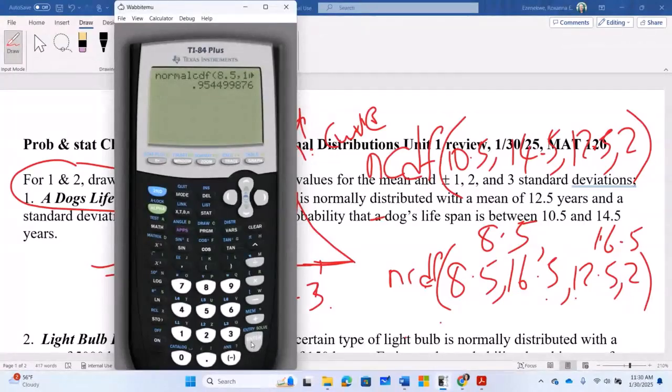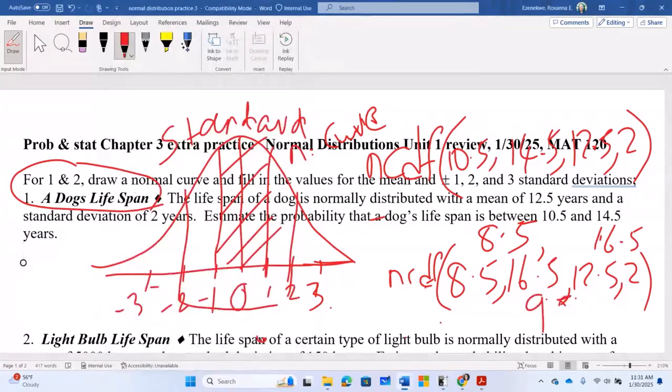Behold, the area between plus or minus 2 standard deviations is 95.45 approximately. By the way, my calculator is more accurate, so it actually has all the decimal points. So area between plus or minus 2 standard deviations is 95.45. Therefore, my calculator actually agrees with empirical rule.